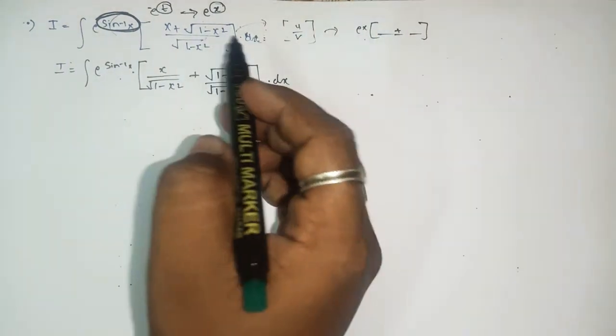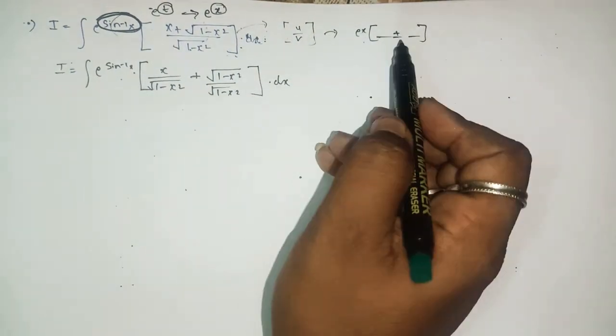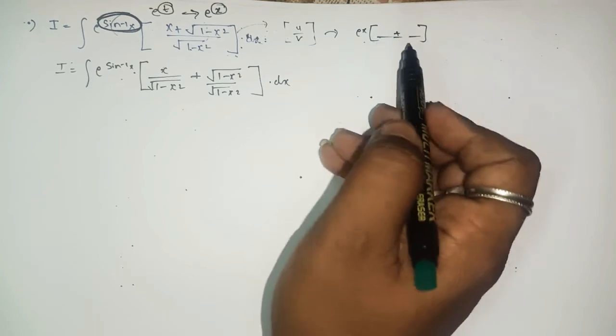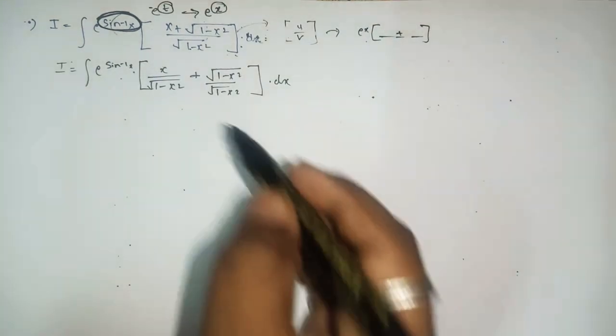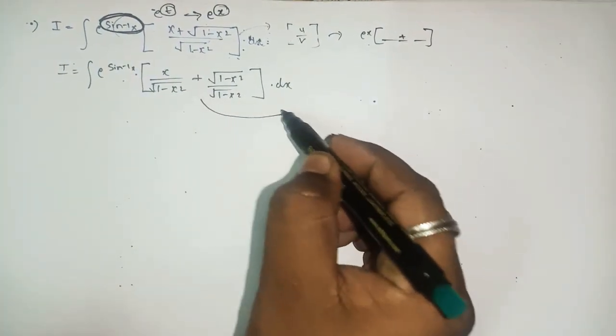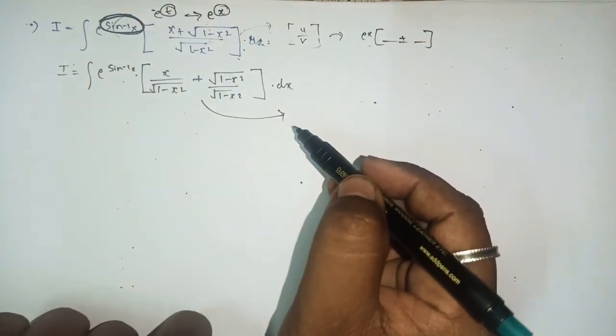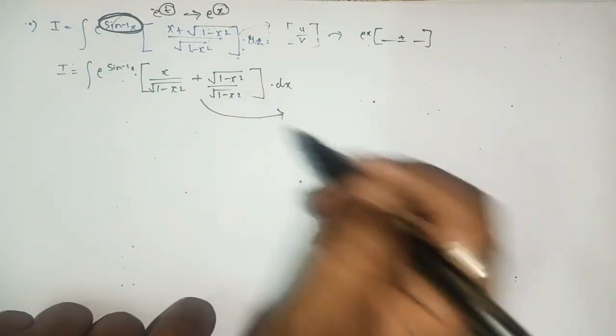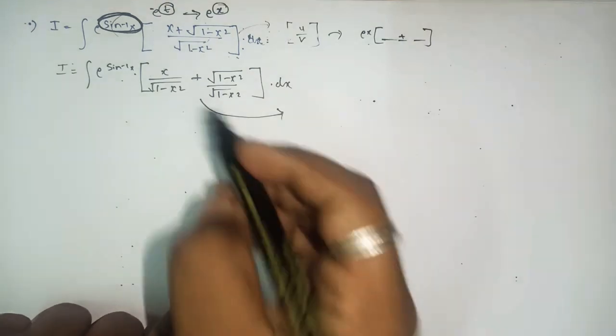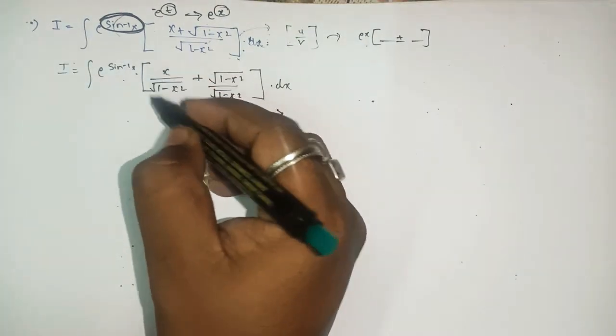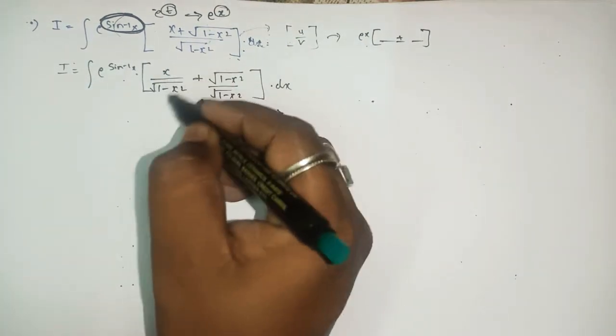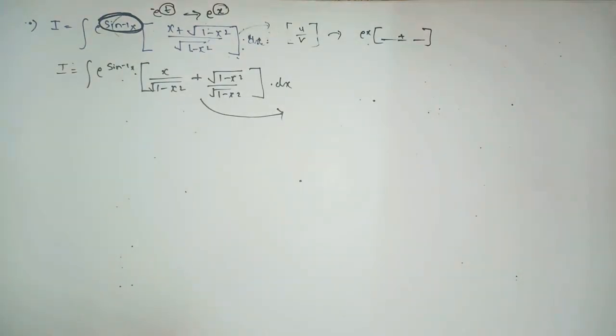As you can convert this u by v into this section also, plus minus. Two different terms. But when you do this adjustment, your difficulty is what? This part will get cancelled, you will get 1, and you have to check whether the derivative of this part is exactly equal to this or not.